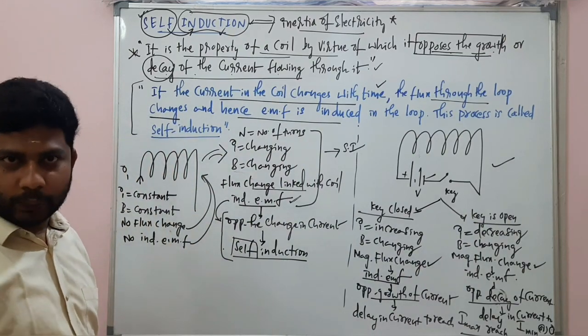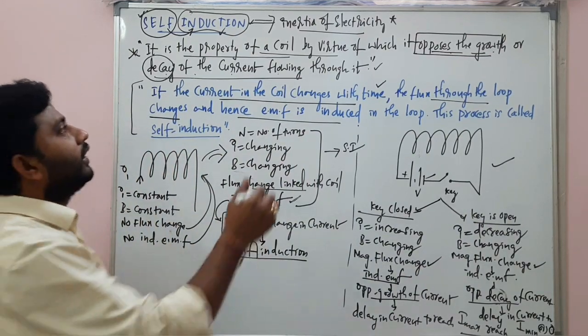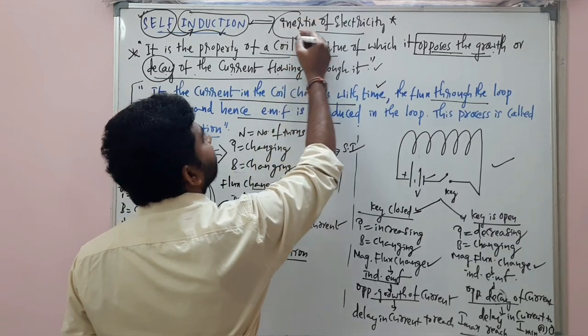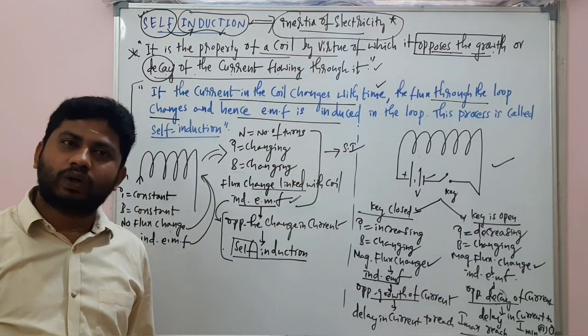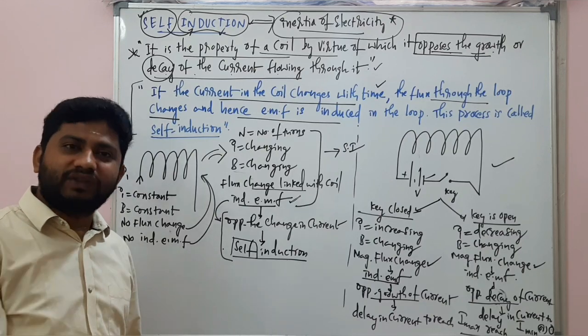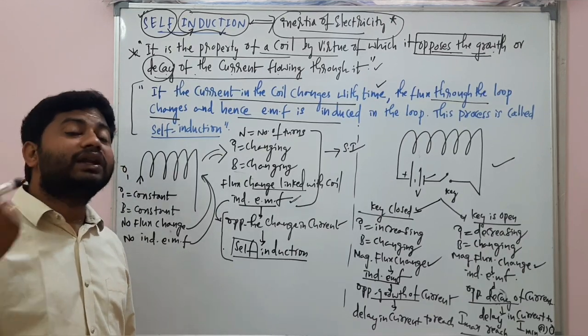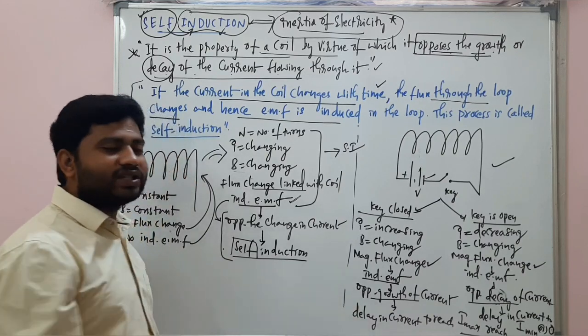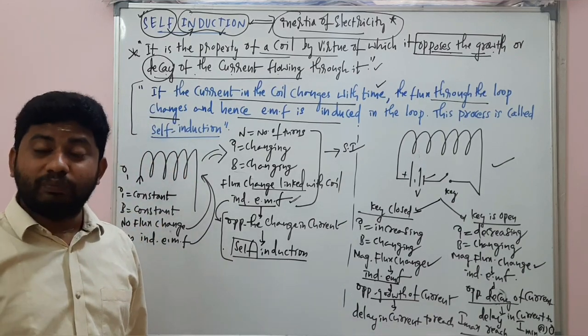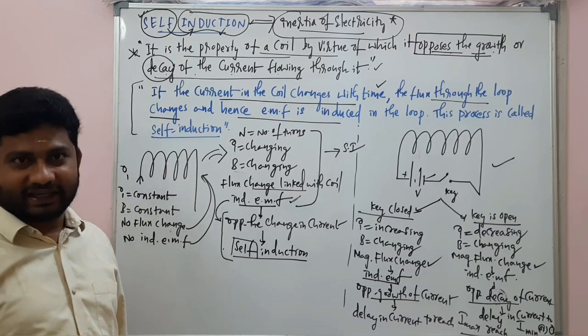Alright. This is the reason it is called inertia of electricity. Inertia means what? Inability to do something. The electric current is unable to reach its maximum value on its own because it depends on self-induction here.